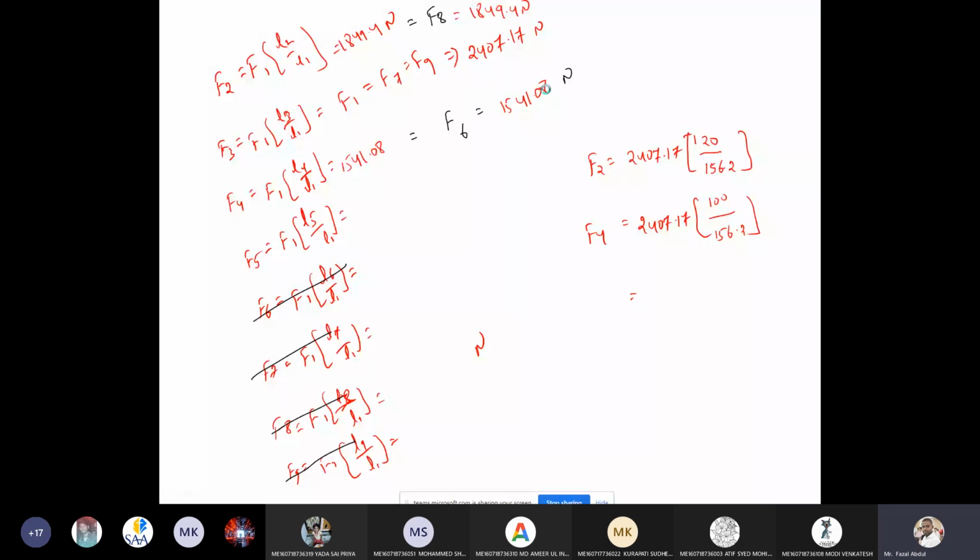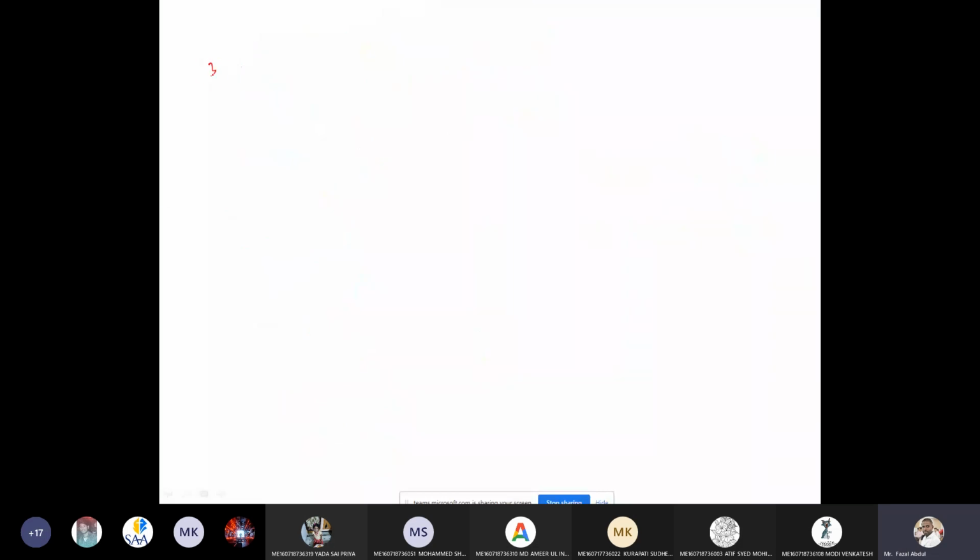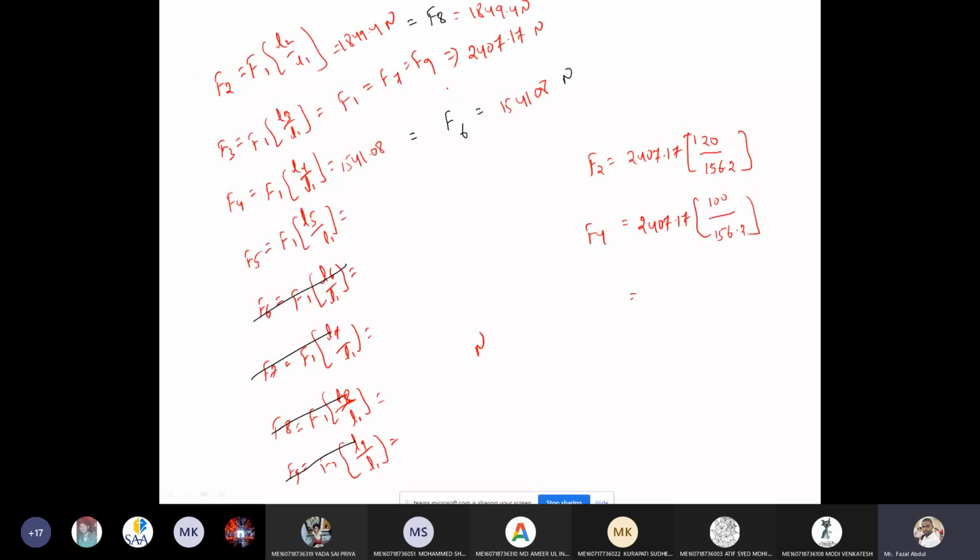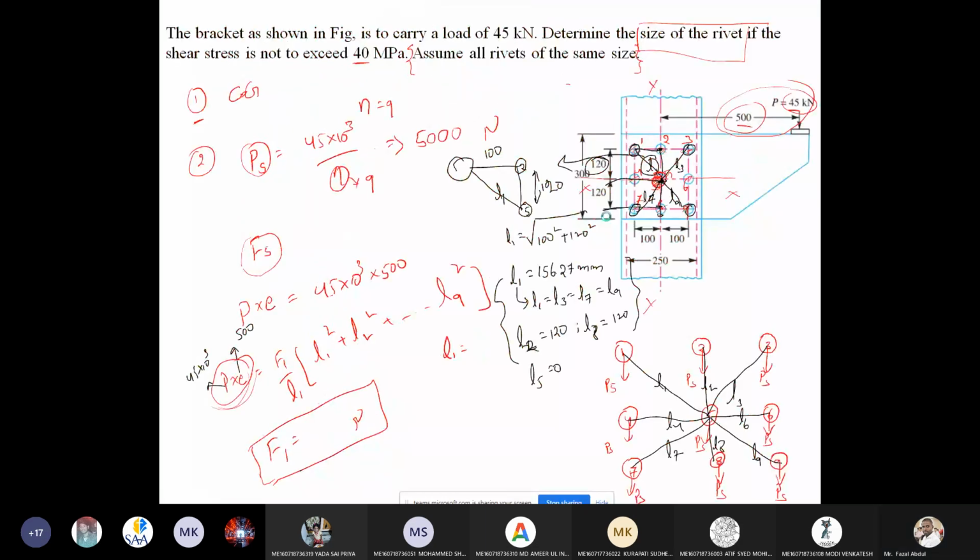Now the third step is, the resultant shear force we need to calculate. So the resultant shear force I'm drawing, see here: this is the primary shear force on the first rivet, and this is the secondary shear force on the first rivet. Now the resultant force is going to lie here as per the parallelogram theorem.